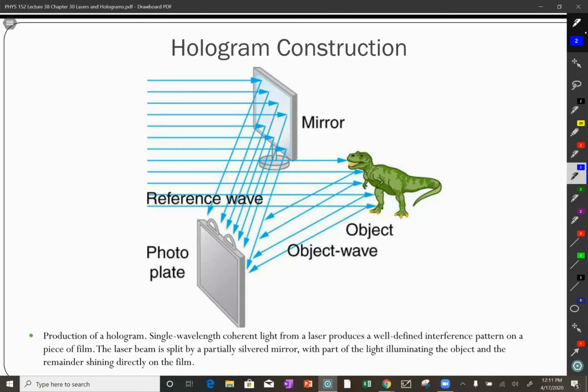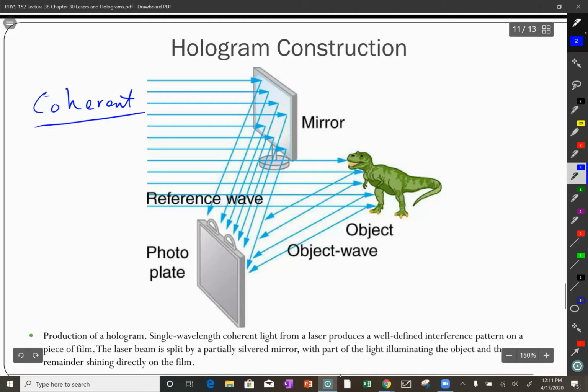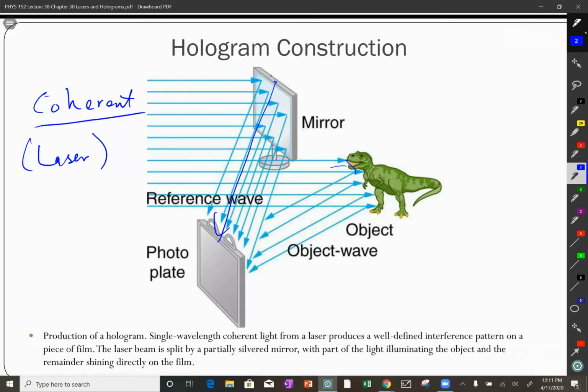So in this hologram, you have a coherent beam of light. In other words, you use a laser. And that coherent beam of light, then, you split in two paths. Now, in this case, they used a mirror here to make one path like this, and then they just let the rest of the light come through and hit their object, which was a dinosaur.